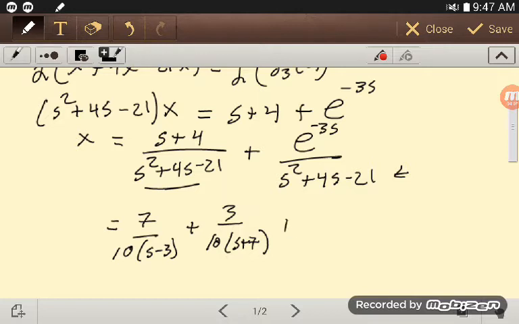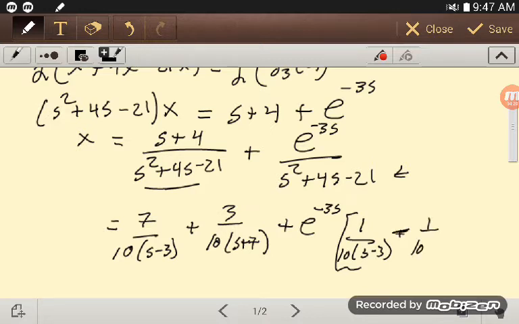And then I have my e to the minus 3s, and that's times 1 over 10 s minus 3, and then minus 1 over 10 s plus 7.